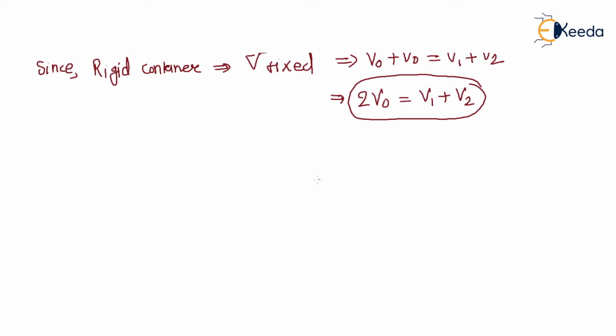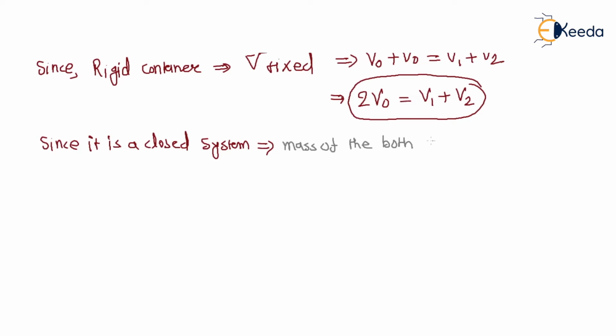Because it is a closed system, so the mass of both ideal gases will remain the same.